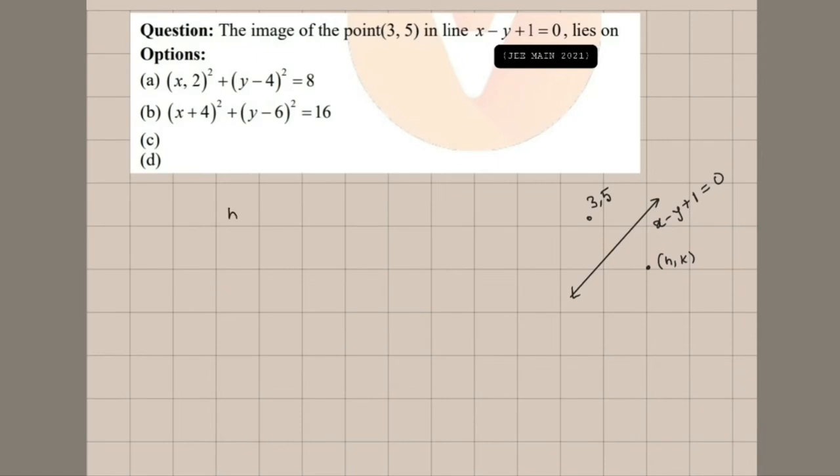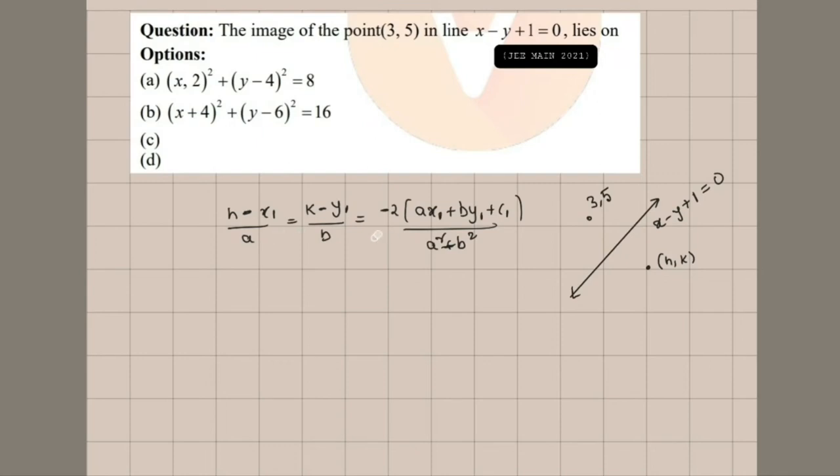We have seen the result (h minus x1) by a equals (k minus y1) by b equals minus 2 into (ax1 plus by1 plus c) by (a square plus b square).